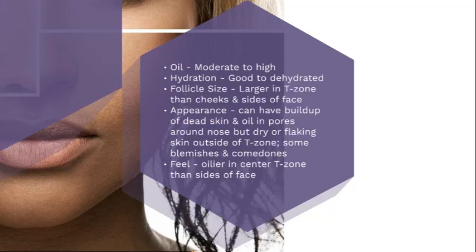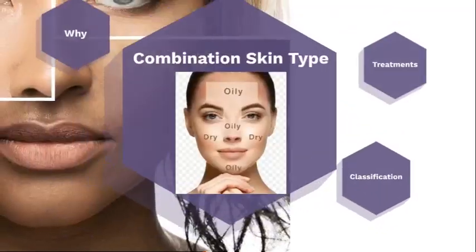The appearance can have a buildup of dead skin and oil in the pores around the nose, but might be dry or flaky on the outside of the T zone. You will see some blemishes and comedones. It's going to feel oilier in the T zone than on the side of the face.